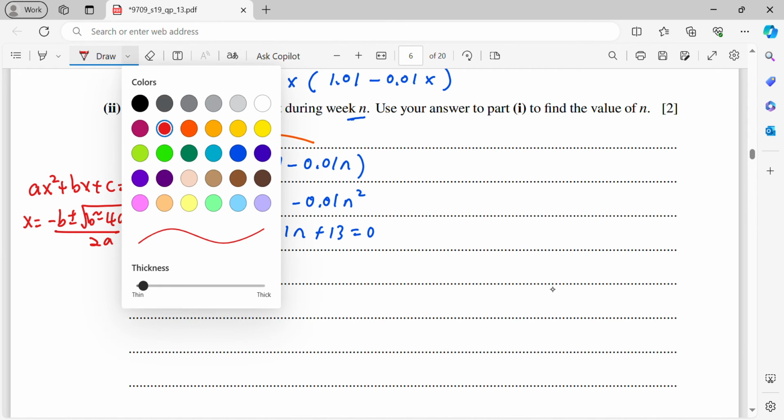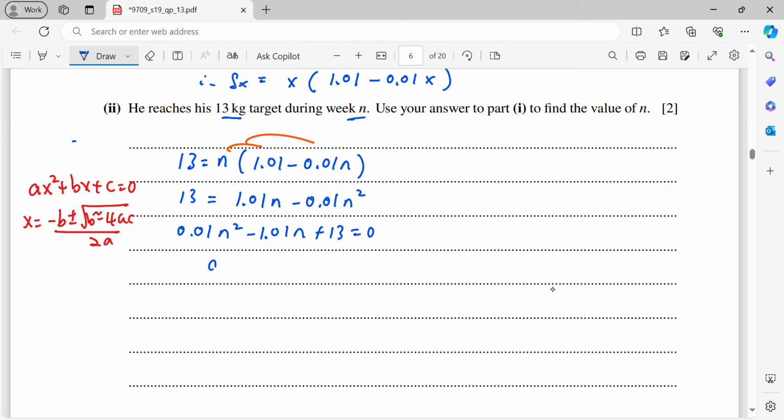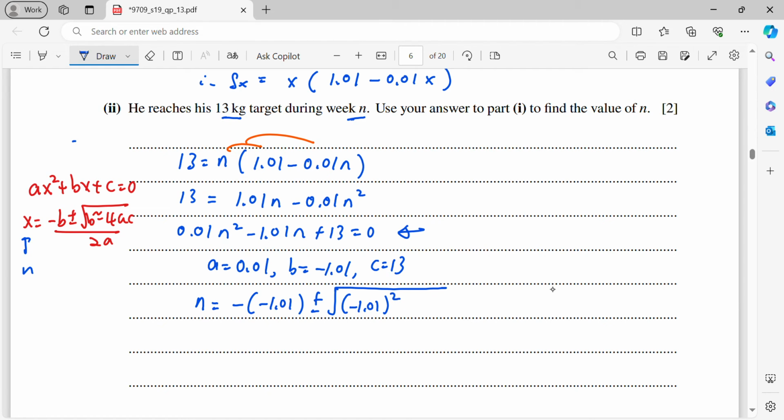So now I will write down my a first. My a is 0.01. My b is negative 1.01. And then my c is 13. Now, since your quadratic equation is in terms of n, you must change this x to n. So n equals minus b plus minus the square root of b squared minus 4ac, over 2a.